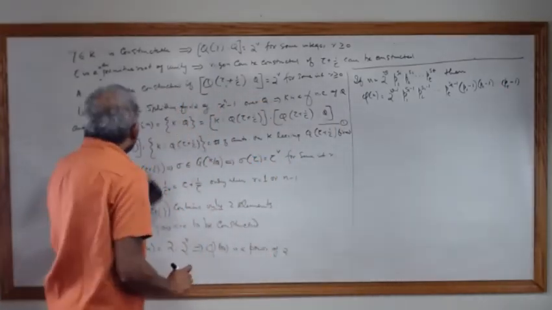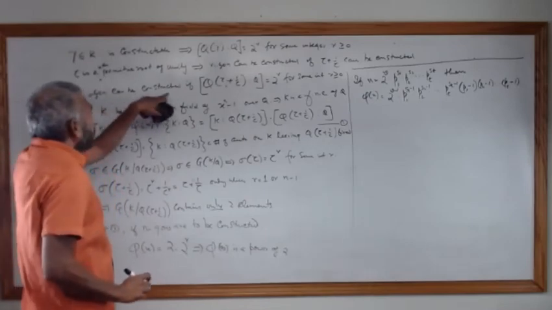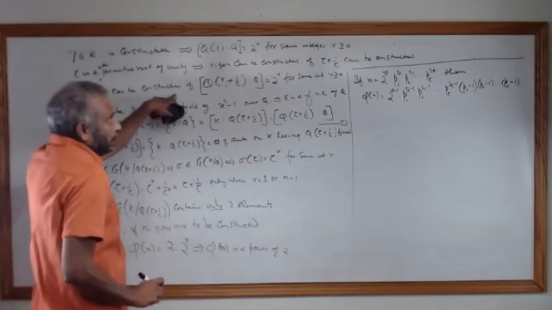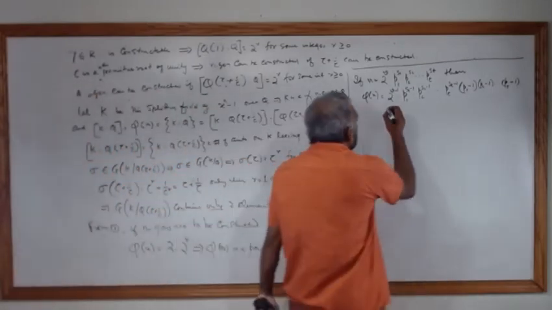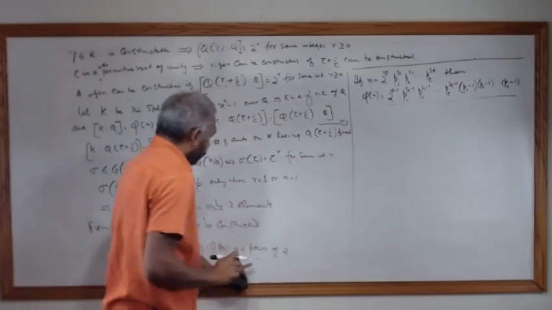Now, if n-gons are to be constructed, this product has to be a power of 2.